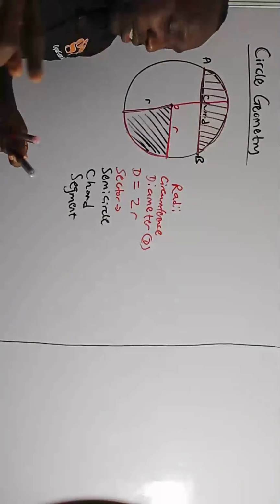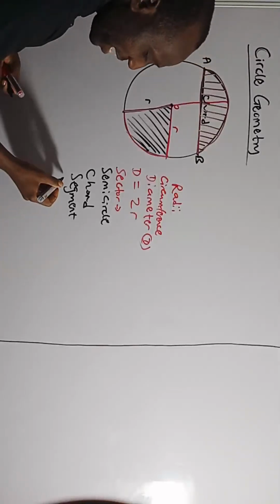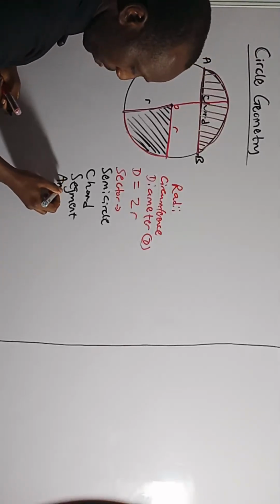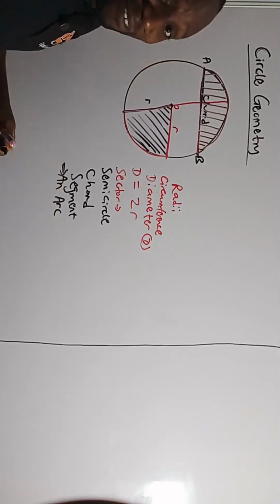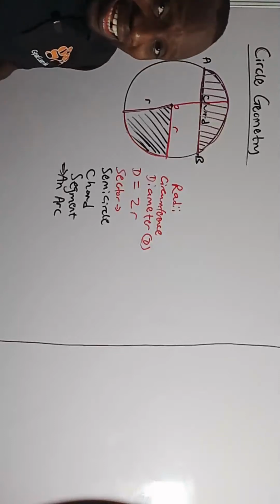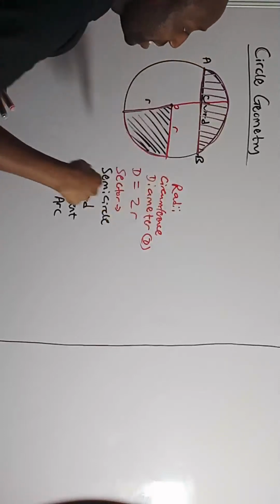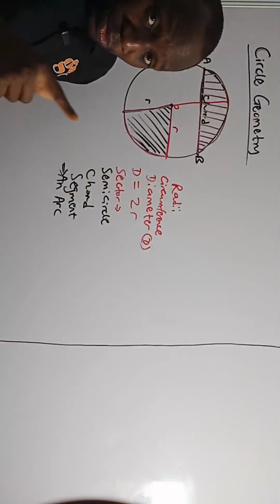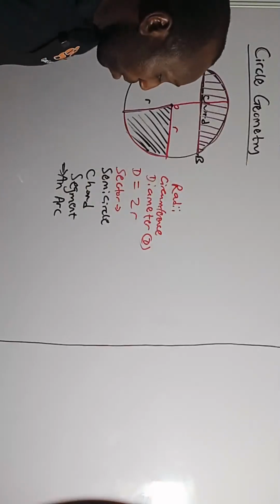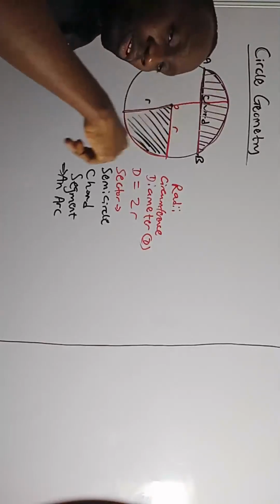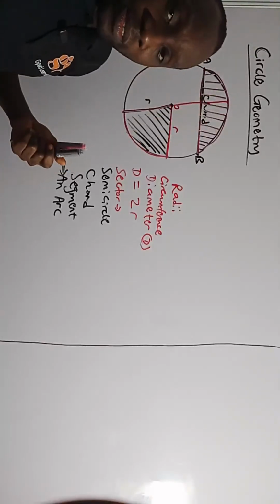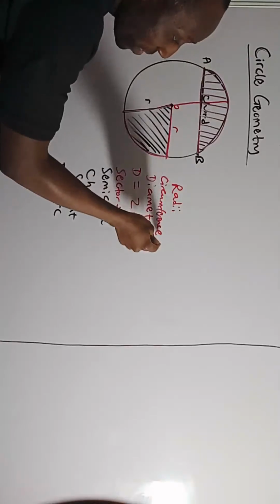Okay, there's one I've not really explained. I hope it's just one remaining. An arc. I've been using the word arc since. I told you that a circumference is the distance round a circle. But an arc is just a portion. It's just a part of the circumference.